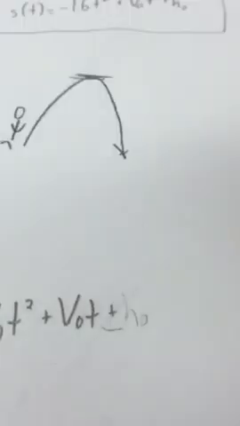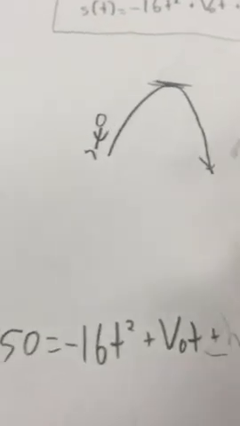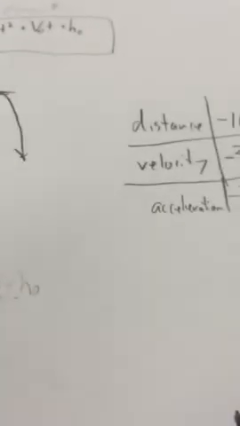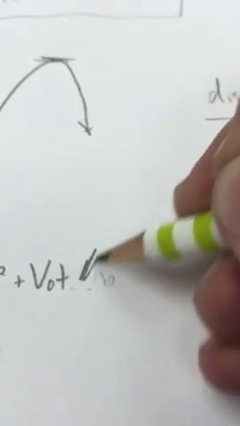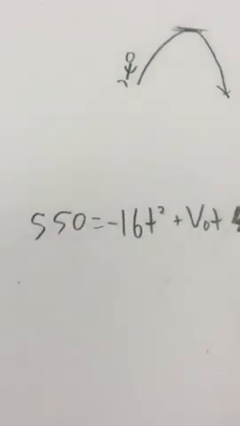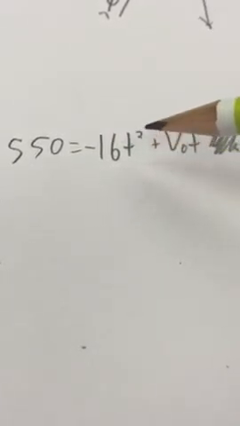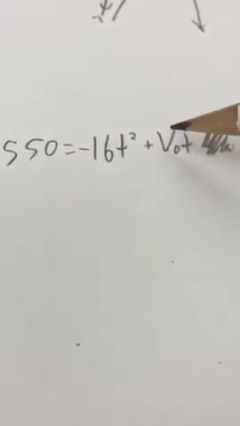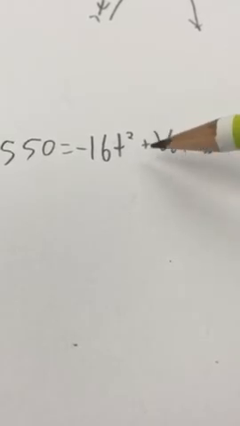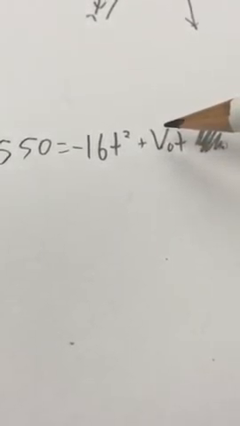We don't even have to worry about that. So really the only thing we have to worry about is 550 at a certain amount of seconds, and an initial velocity. So already we have two variables here to solve.